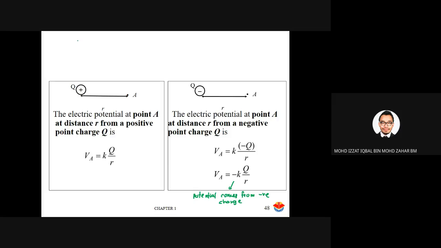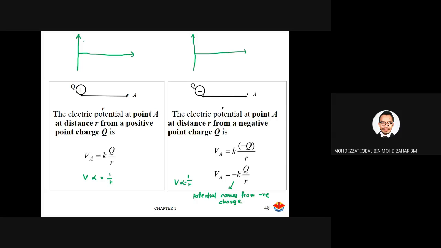One thing that they already took out from your syllabus is the graph. Before school, I must show what has been removed from your syllabus. The main difference between this one and this one is actually the graph, positive and negative. The relation here, I can write as V directly proportional to 1 over R. But here it becomes V directly proportional to negative 1 over R because of the negative.